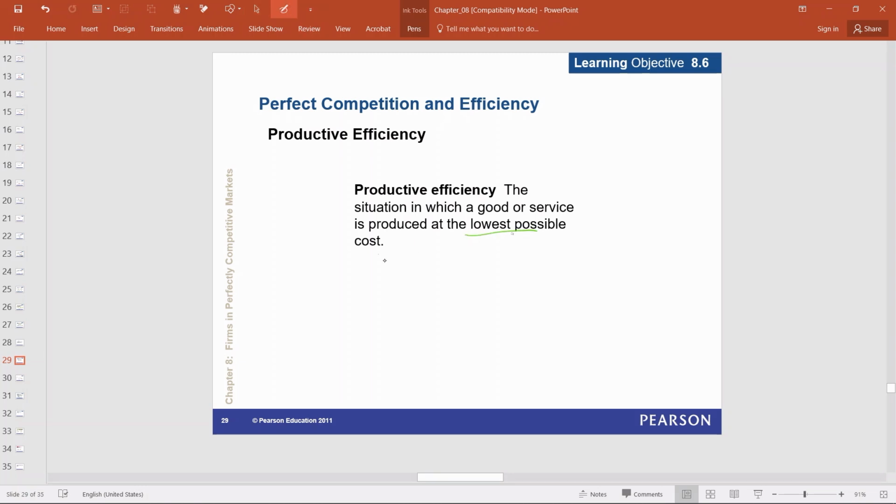So all firms in the market produce at the lowest possible cost. So this is for one firm. If we sum all the lowest-level costs, this is going to be the market cost, and production in the market is made at the lowest possible level of costs.